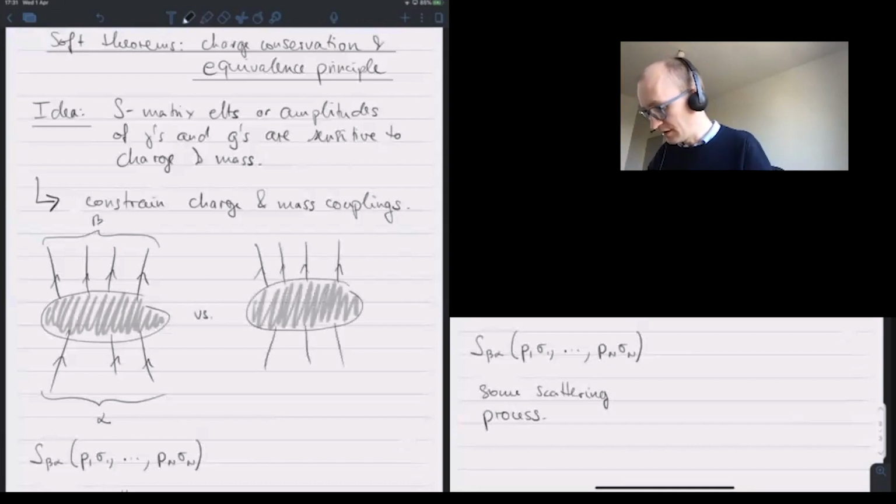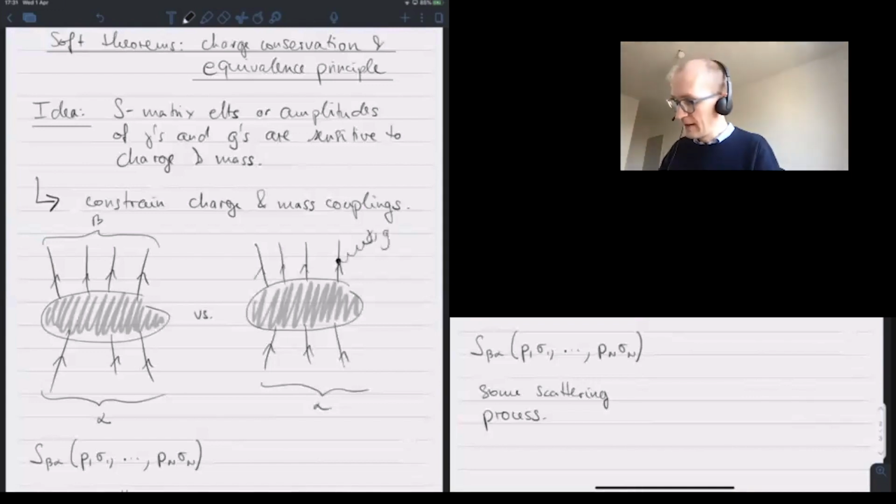We have the same ingoing particles, alpha, but we do have, in addition, the emission of some soft quantum, which can be either a photon in the first case of interest or a graviton. And we refer to the final state here as beta. So the final state now includes, in addition to everything else that it included in the first place, an additional soft quantum.